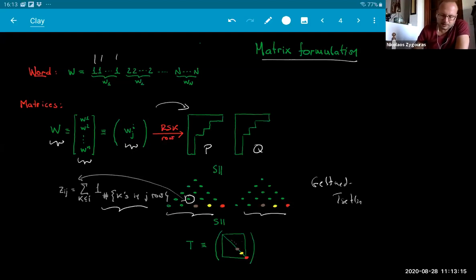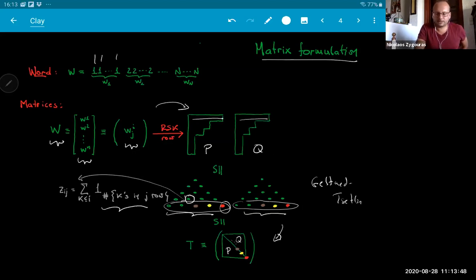Now, the reason that we prefer this formulation is that the next step we want to do is to stitch the two patterns together in the form of a matrix. So I have a P and a Q here. The bottom rows of each of the Gelfand-Tsetlin patterns are identical. And actually, the first row represents the length of the first row of each shape.